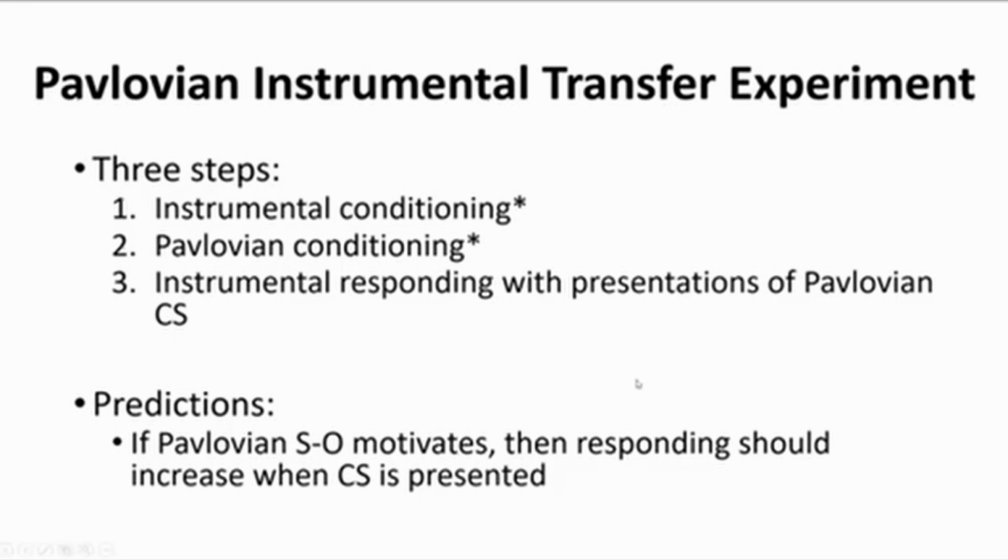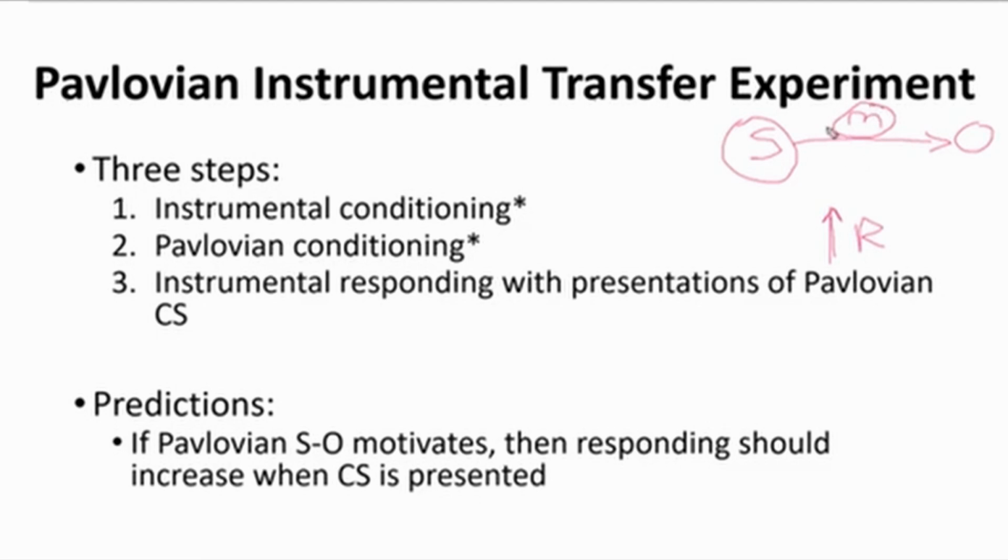So if that SO association at the top is what's driving our behavior, when our stimulus, when that tone is present, we should see an increase in that behavioral response, in that instrumental response, because of the motivating relationship here.